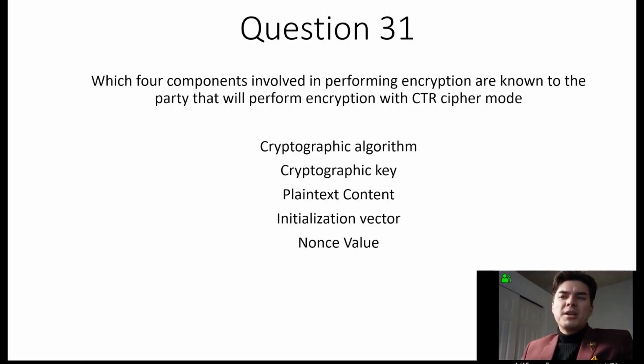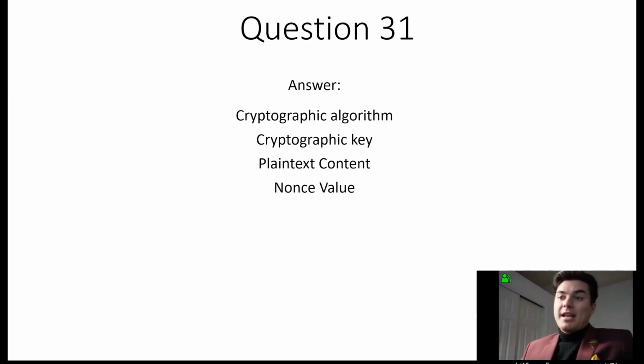Question 31. Which four components involved in performing encryption are known to the party that will perform the encryption with counter cipher mode? So the party that's going to be performing the encryption will need to know the cryptographic algorithm, the cryptographic key, the plain text that they're going to be encrypting, and the nonce value, since counter mode uses the nonce value. Now, if the question was rephrased to which two components are known to the party that will perform decryption before symmetric encryption is applied, before, it would only be the cryptographic algorithm and the cryptographic key.